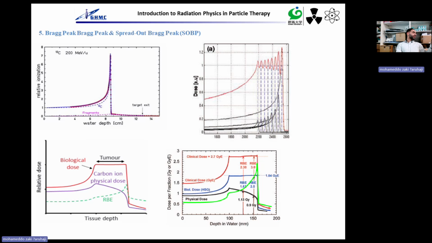Now this energy is responsible for my physical dose, my biological dose, and my weighted dose, clinical dose. But I can say, yes, you are right: the higher the stopping power, the lower the dose I will have.